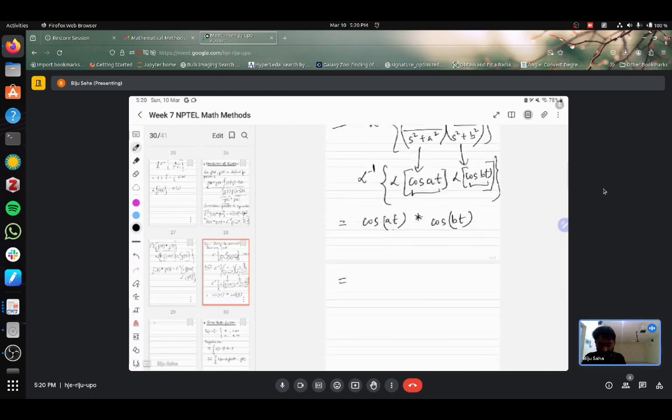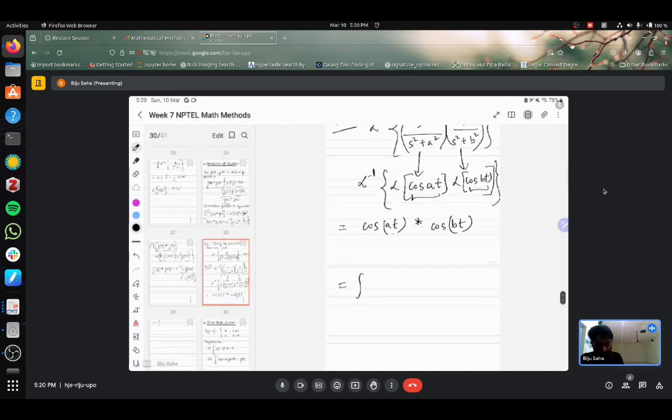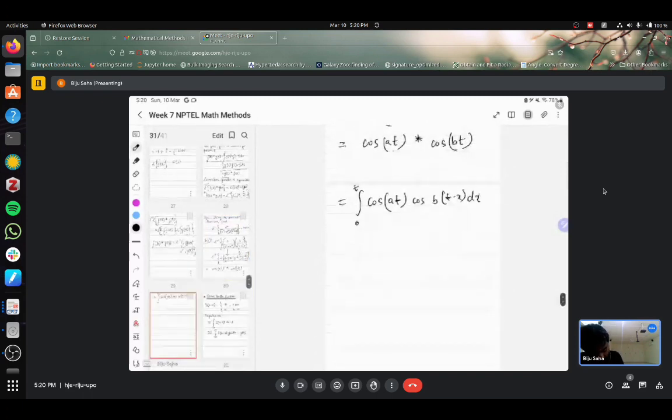So the convolution operation is, from the definition itself you can write, no matter how you write it, you can either write cos at first and cos bt later, or in the reverse way, but let me write this form because they are symmetric, as I said. Now you just have to carry out this integration.